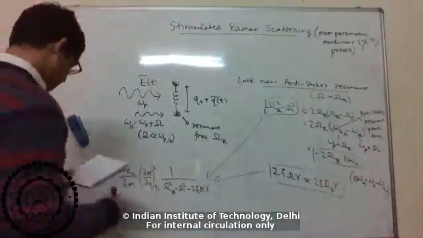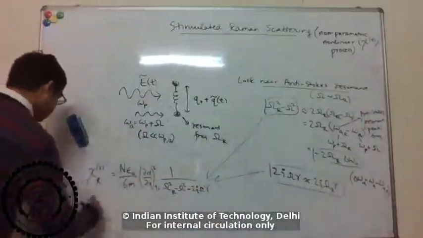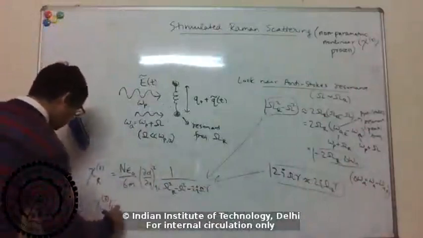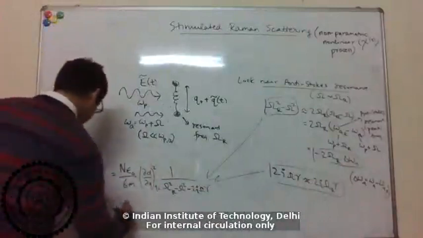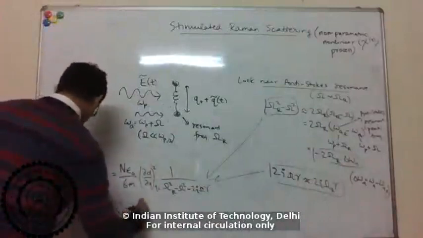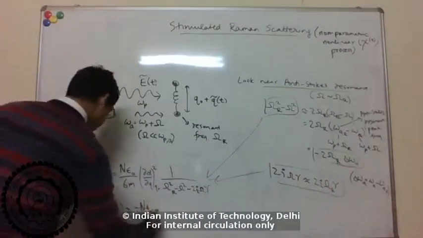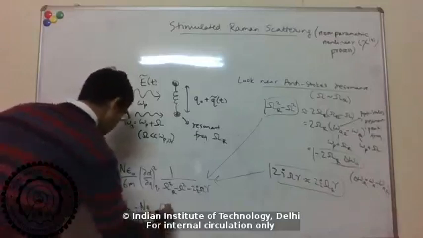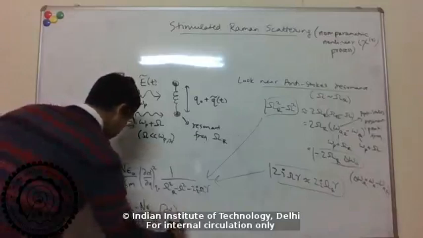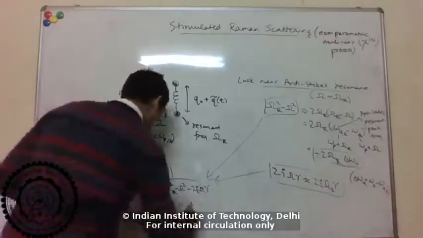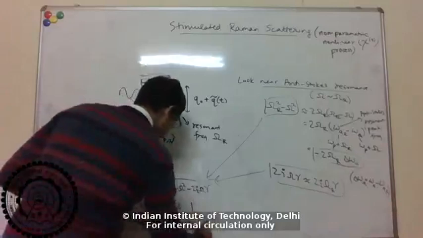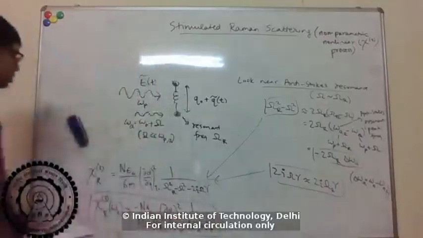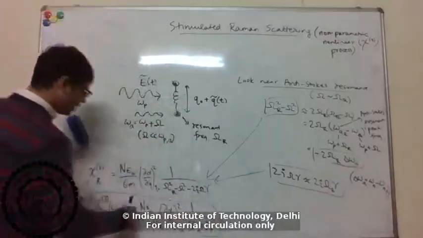So for the anti-Stokes resonance, it's the same form as the Stokes, except you have a minus sign here.